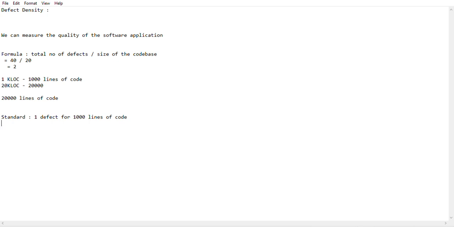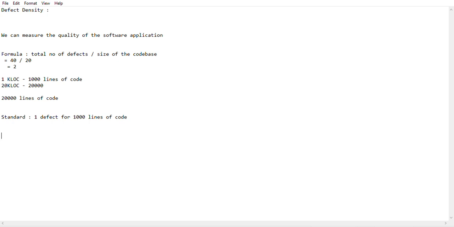If they have developed 1,000 lines of code to implement one of the modules, and after that the QA team is testing that particular module, in that case we should find at most one defect, not more than that. If we find more than one defect, that means they have to improve the code quality. So that is the standard.